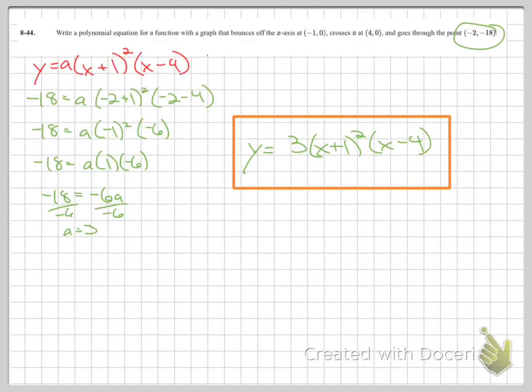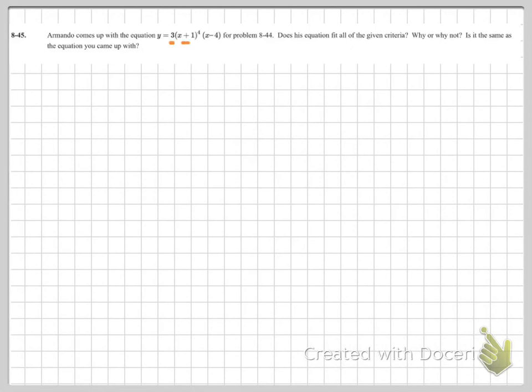Armando comes up with the equation given for 44. Does his equation fit all the criteria? 3x plus 1 squared, x minus 4. Oh, he has x plus 1 to the 4th power. Does the equation fit all the criteria? Why or why not?